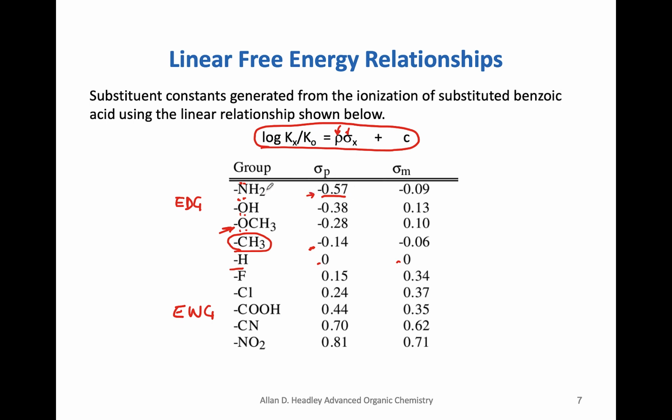So a substituent with a negative sign is electron donating. If it has a large value, it is donating or has the potential to donate electrons to the ring and onto the reaction site. So this is a better electron donating group than this group, for example.